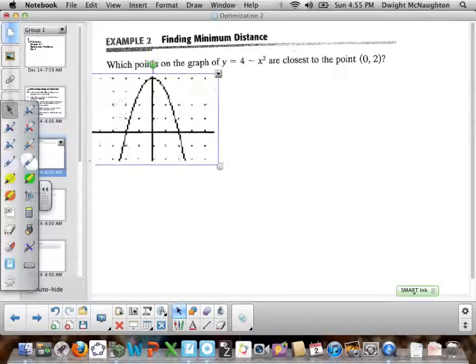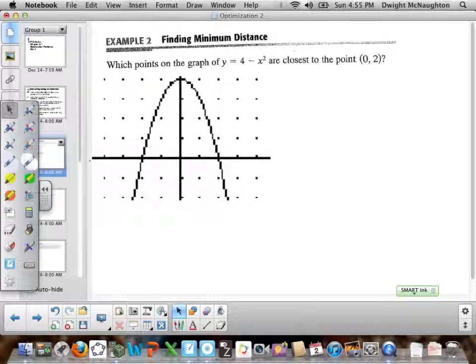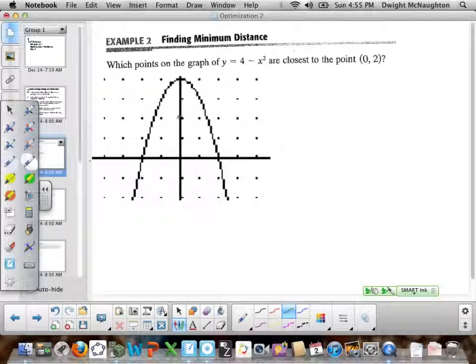So we want to know which points on the graph of y equals 4 minus x squared are closest to the point 0, 2. Well, 0, 2 is this green dot right here, and we want to find the distance between 0, 2 and a point on the graph. Just any point in general, we'll call it x, y. Well, if you remember back to geometry, the distance formula is kind of based off the Pythagorean theorem.